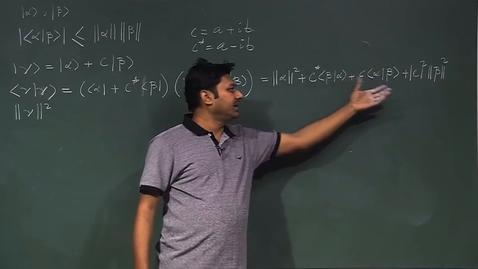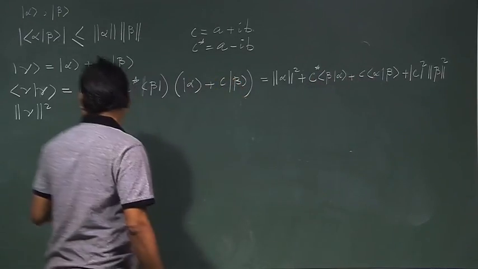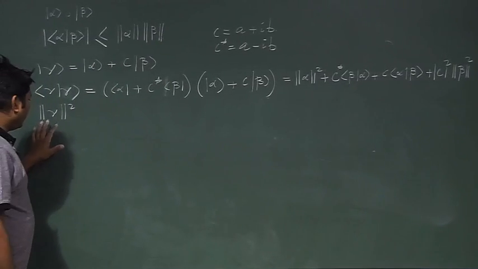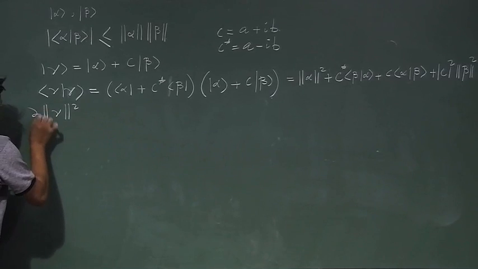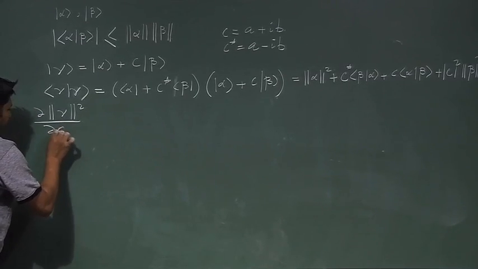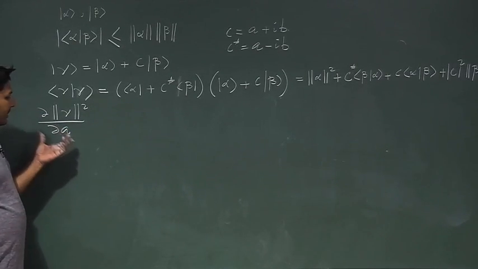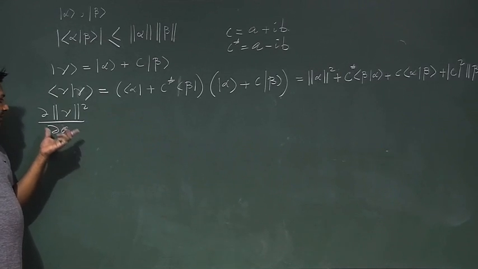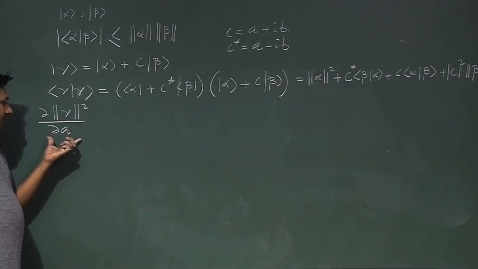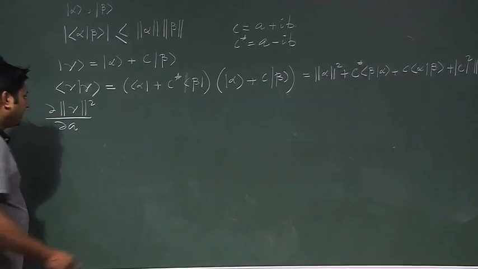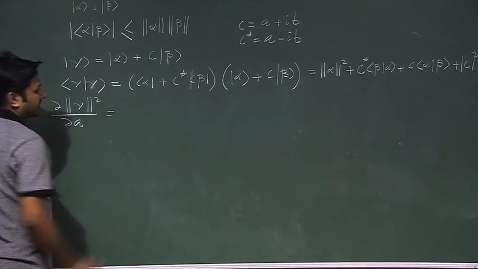I want to make this value as small as possible. So, the minimum condition is this. To find the minimum, I will make a derivative, and this derivative equal to 0 gives me the minimum condition, that is the usual.